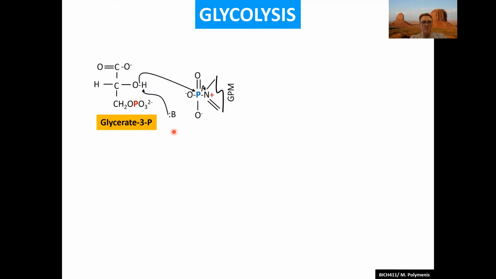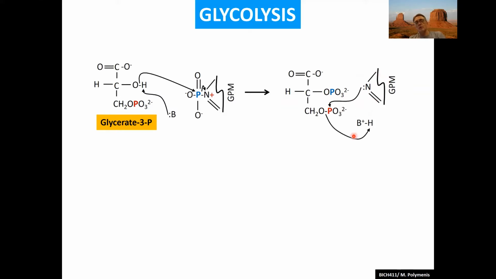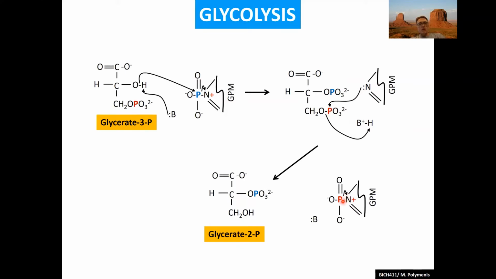Now, what's going to happen is that there's going to be a general base catalyst here, and this position, the 2-hydroxy carbon here, is going to pick up the blue phosphate from the enzyme. So you form this intermediate that's actually phosphorylated at 2 positions, both the 2 and the 3. And the enzyme now is not phosphorylated, and as you can guess, it will pick up the red one and become phosphorylated.